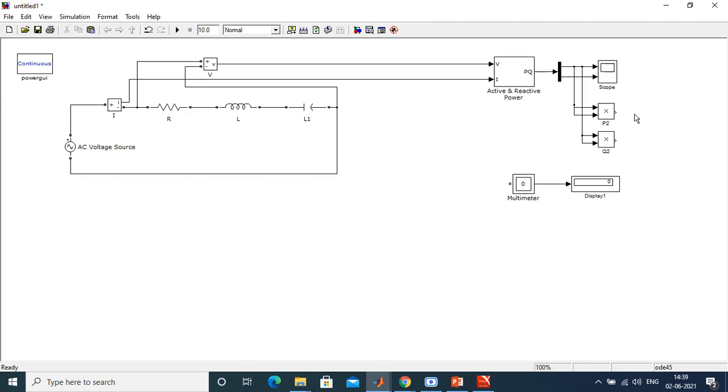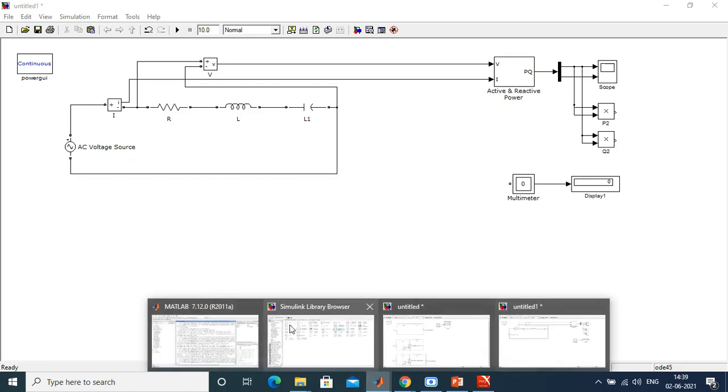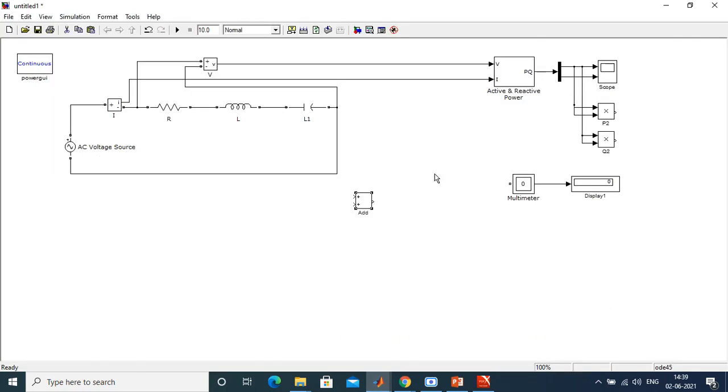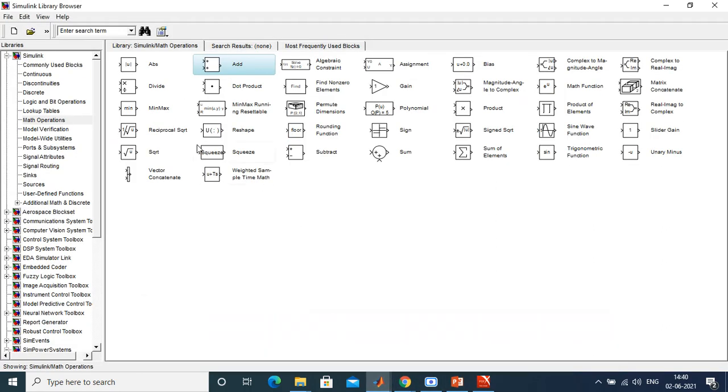So now I want to make it add. Add these two. P square plus Q square. Now go to the square root.